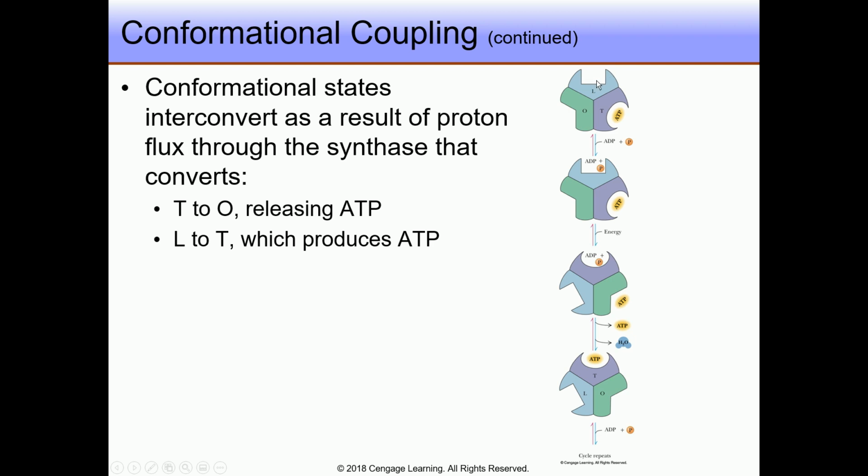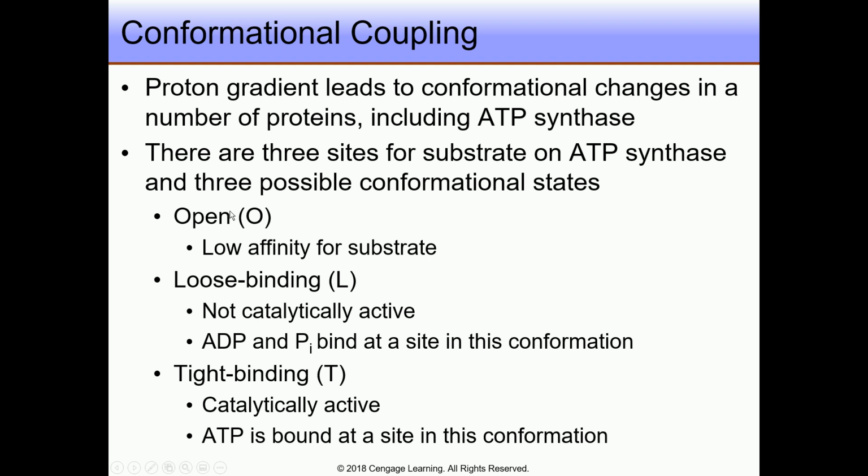So you can see that these beta subunits can exist in 3 conformations. This is L, loose binding, a loose binding site for the binding of ADP and phosphate.